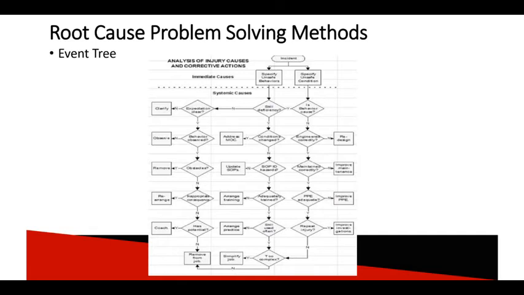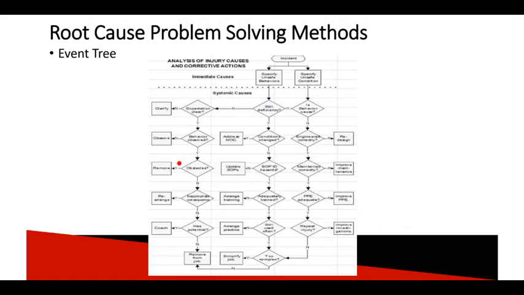Back up to the top. Is it an unsafe behavior? Is it a skill deficiency? If the answer is no, was the expectation clear to that employee? If that answer is no, do we need to clarify? If the expectation was clear, was the behavior observed? If the answer is no, we need to observe the behavior. If the answer is yes, were there obstacles?